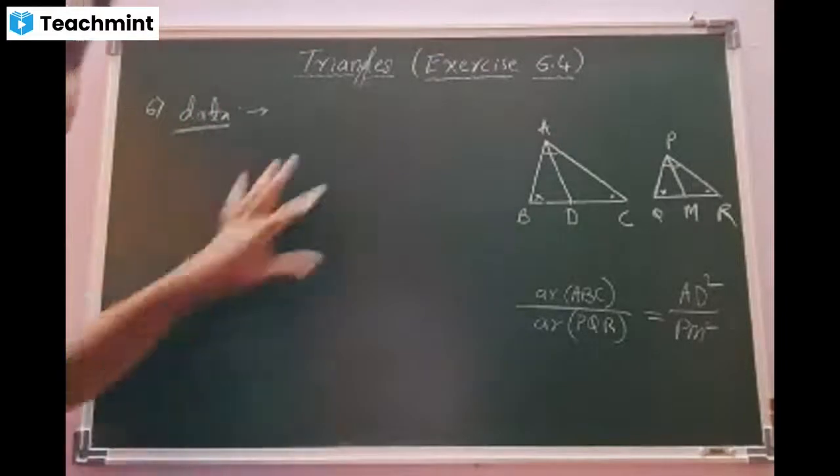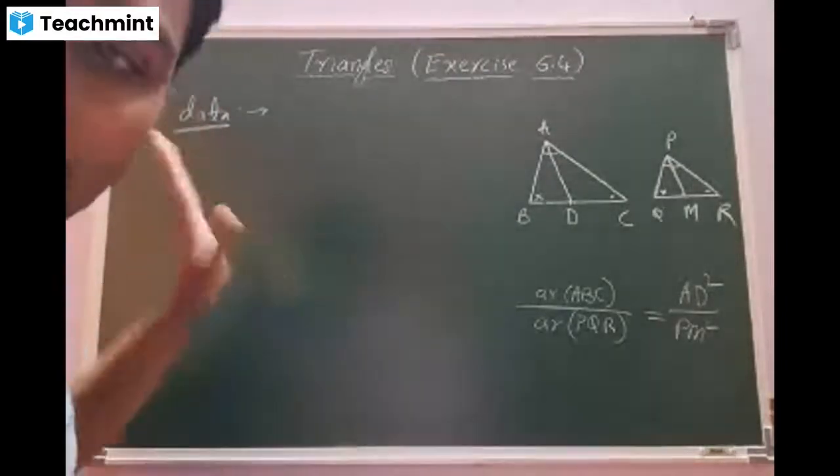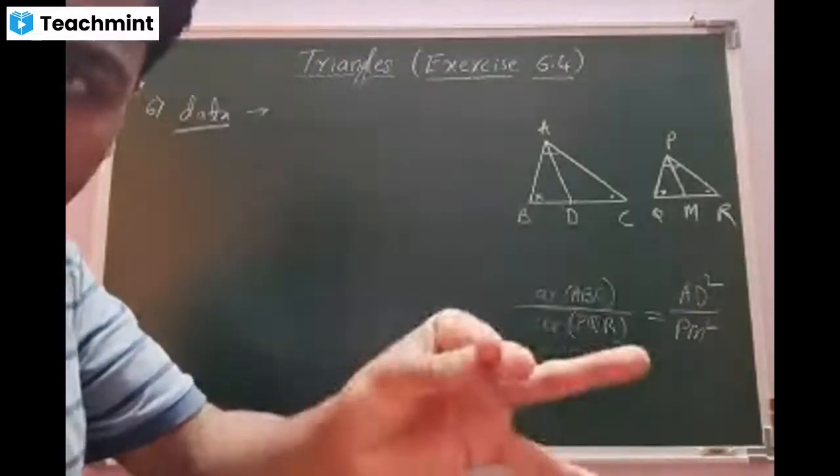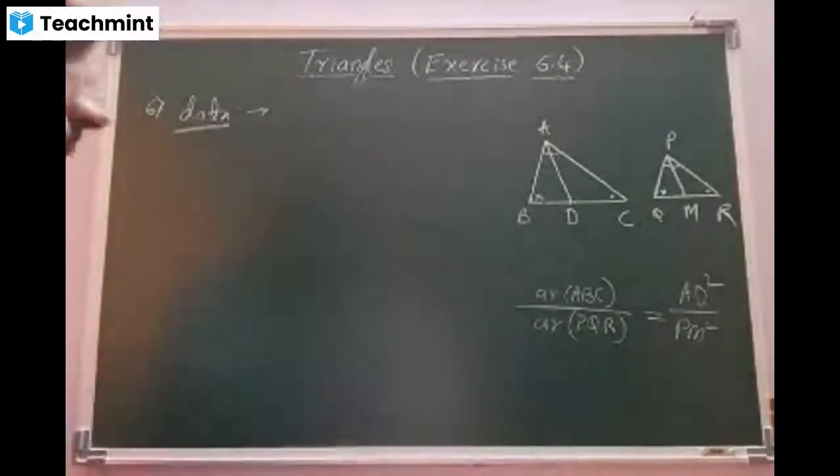This can be done with the help of the steps of a theorem: data, to prove, construction if possible, and then the proof. Clear, beta?